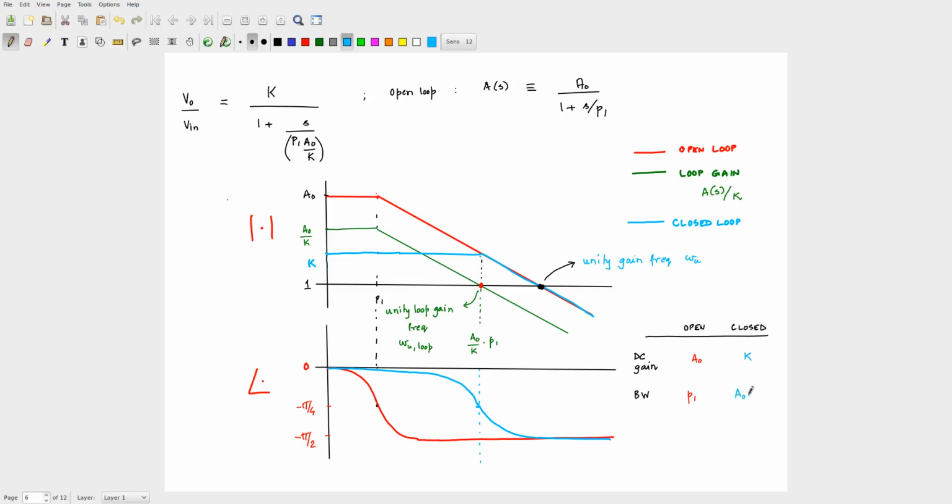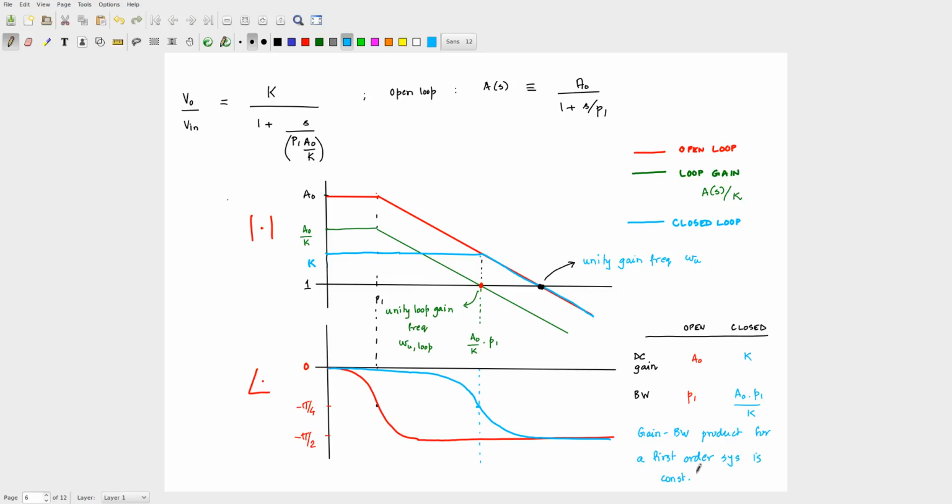A naught into P1 by K. So what did we conclude from these two? From this we concluded that the gain bandwidth product for a first order system is constant.